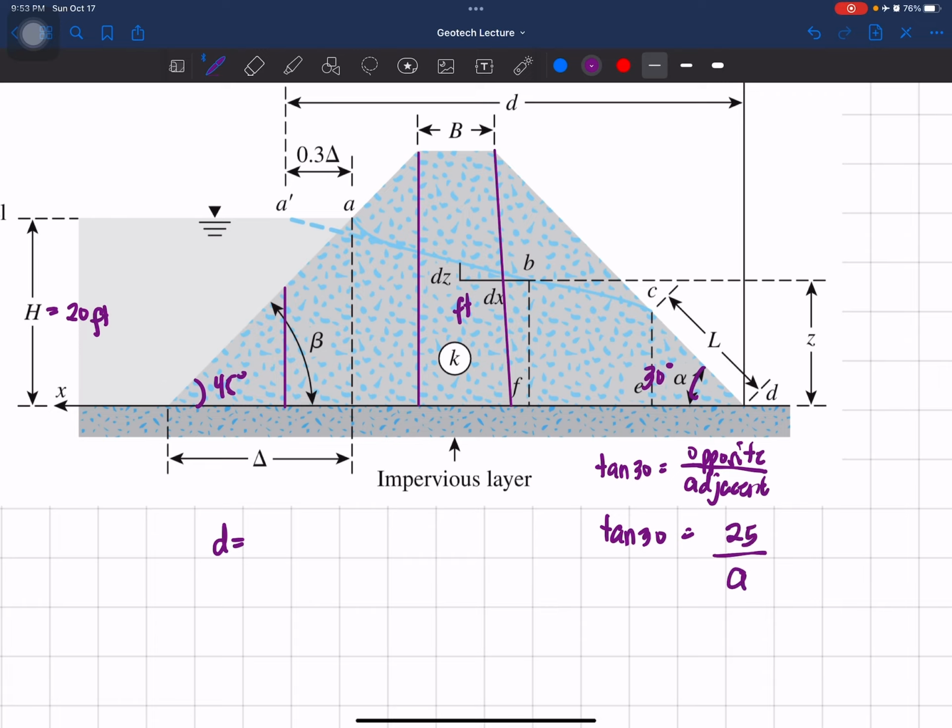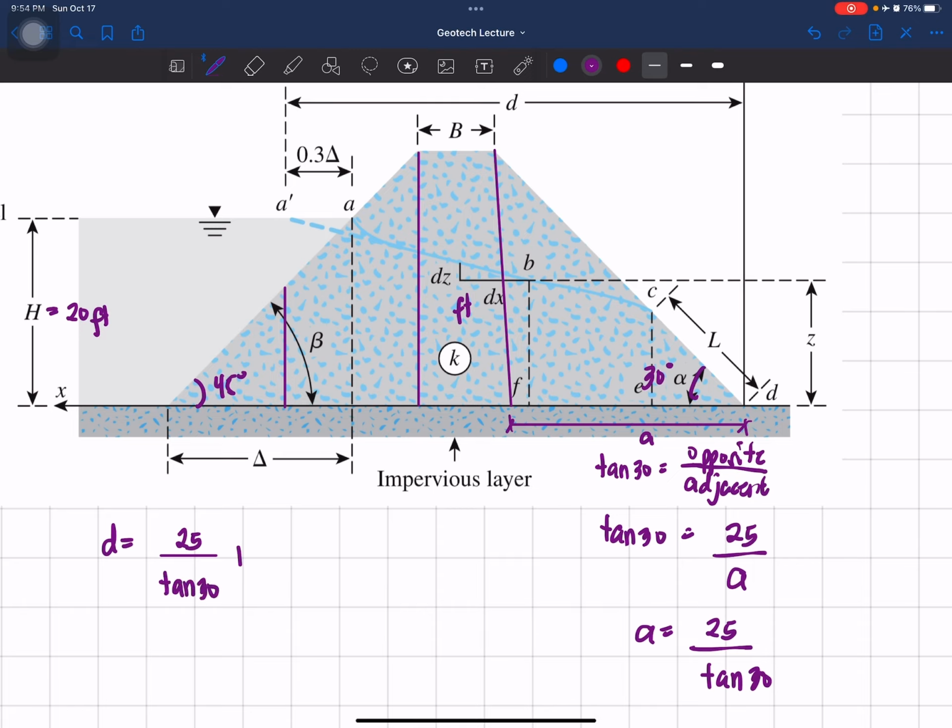Okay? So, hindi natin alam kasi kung ano to. Okay, this is your X value. Okay? Or your A value. Okay? So, A now is equal to 25 all over tangent ng 30. Okay? So, your first input in the D distance is actually equal to 25 all over tangent ng 30.